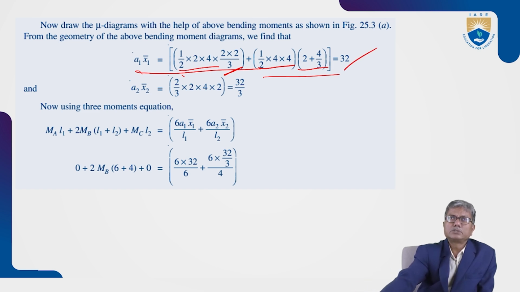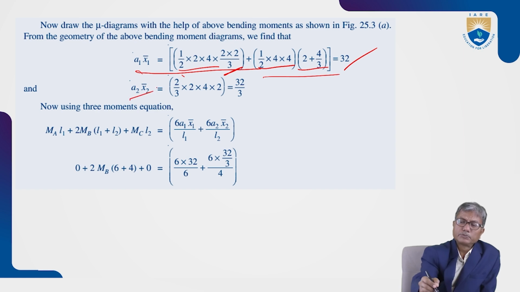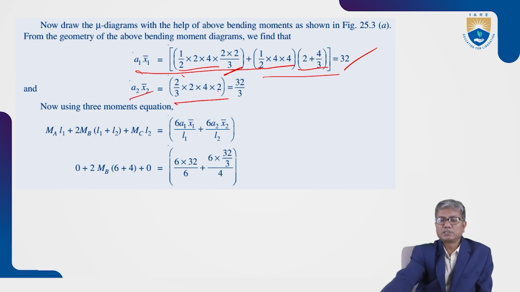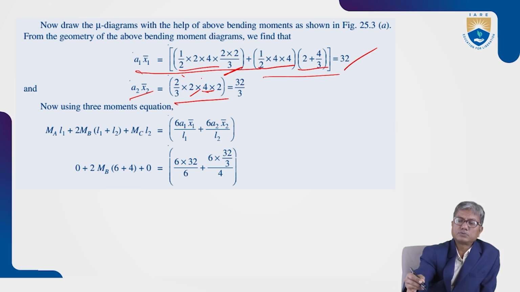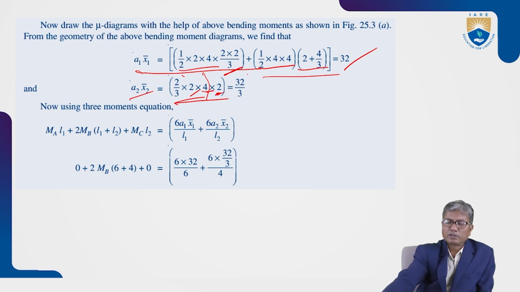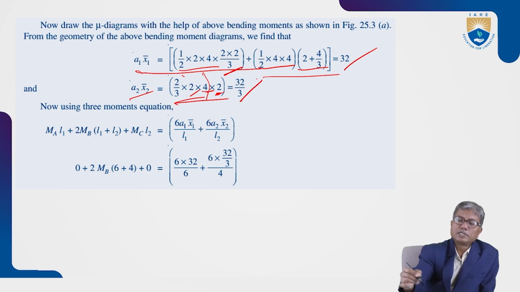Coming to span BC, A2 x2 bar: the area of a parabola is 2/3 of base into height. The base is 4 meters, the span, and the height is 2. This is the area into centroidal distance from C, so it is 32 by 3.